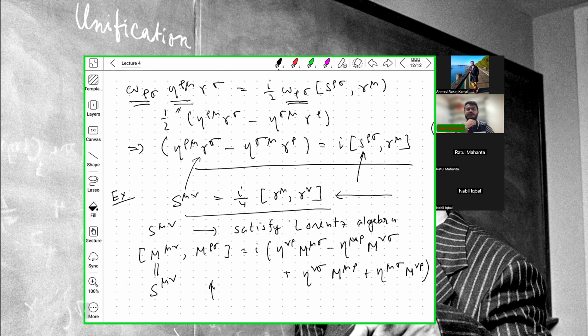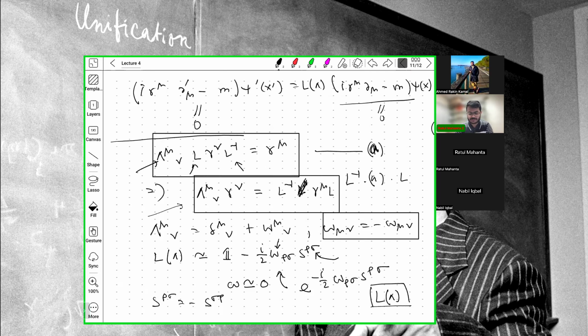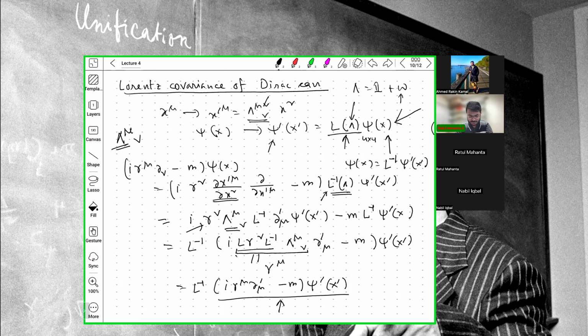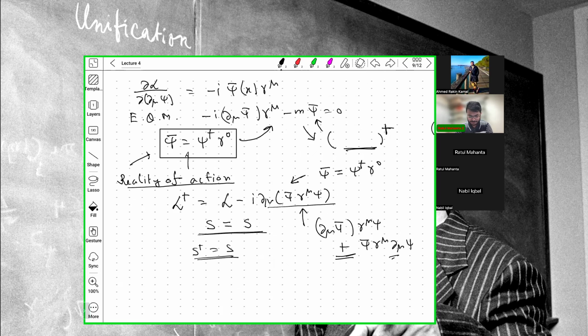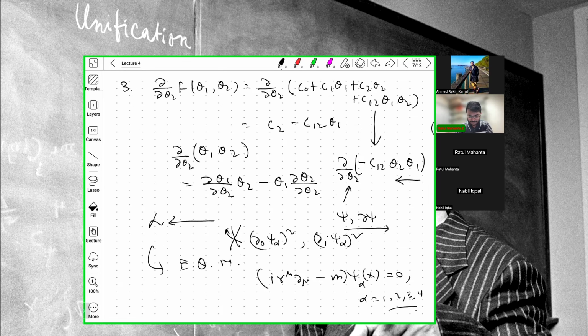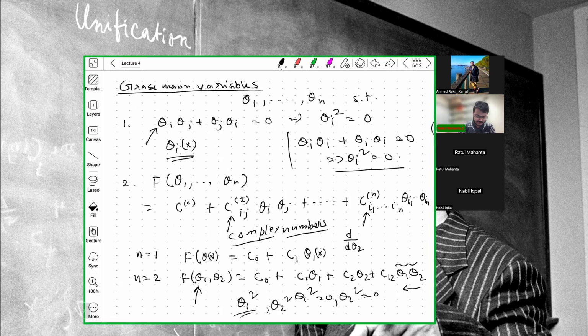Okay, so why do we choose this? That's a definition, and that's how Grassmann variables work. These are called Grassmann numbers. A generic element in these variables is a function in Grassmann variables, as I have written.